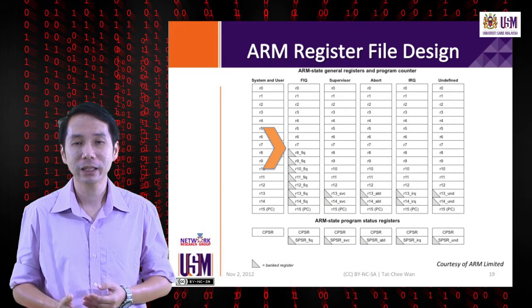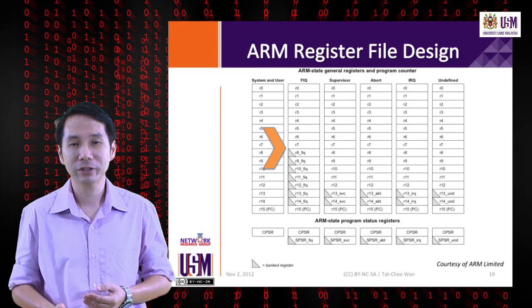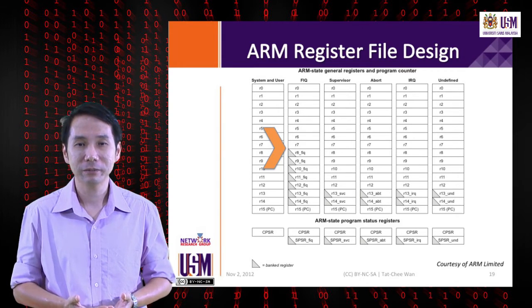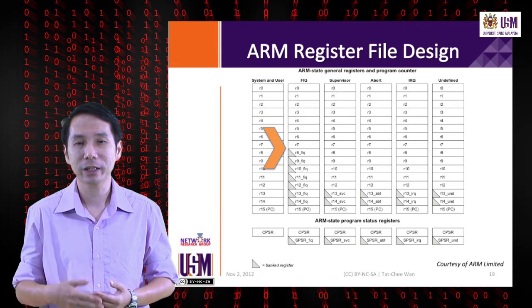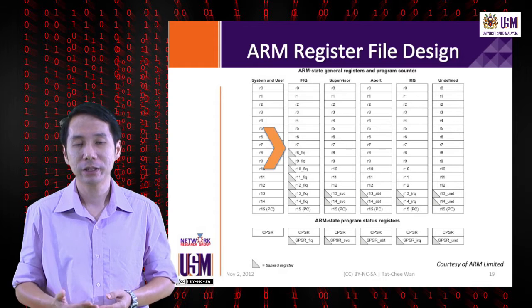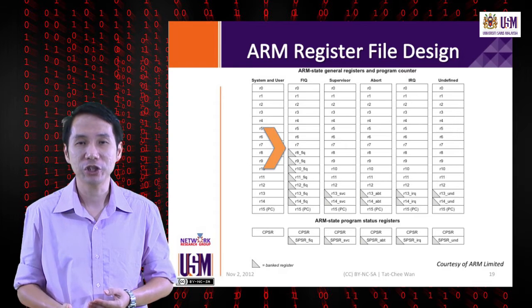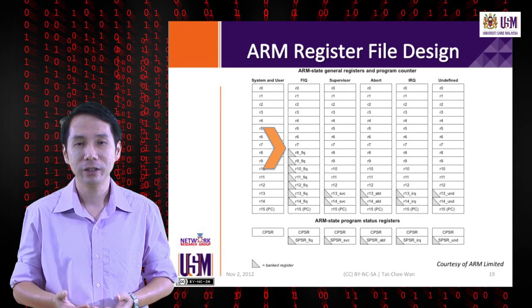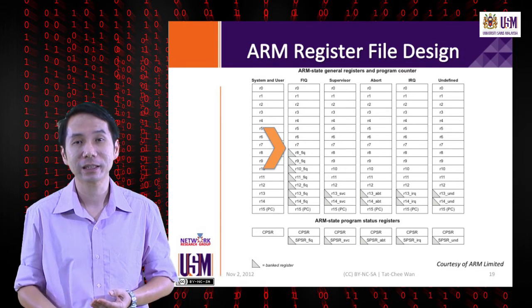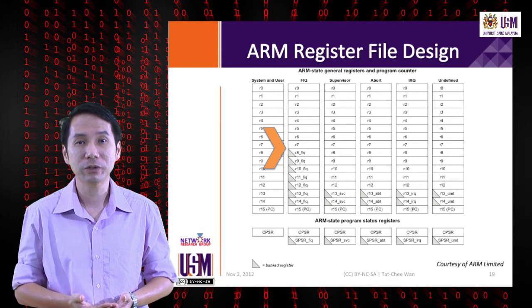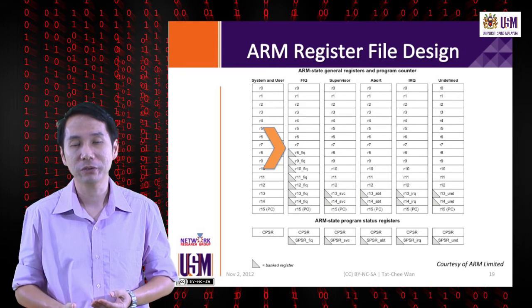The FIQ mode allows us to service interrupts in a very quick manner because the banked registers are additional registers that are unaffected by any changes in other modes. This allows us to perform quick interrupt processing without changing the values in other registers. If we have to change values in other registers, we will have to preserve them on the stack somehow, so that when we return from the interrupt, they will not be modified.